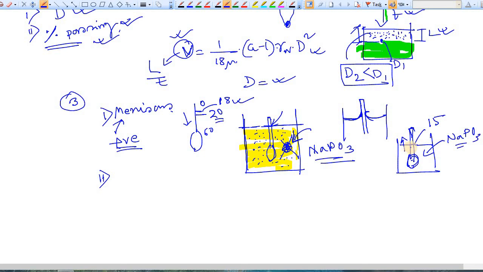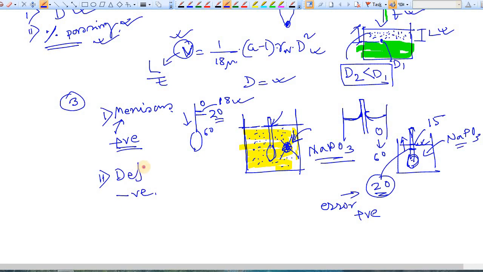That's why this part now becomes here, and your reading will be somewhere around 20, because the reading is from 0 to 60 towards downward. So instead of 15 you are getting 20, so the error is positive, so the correction will always be negative. This is the correction due to the deflocculating agent.